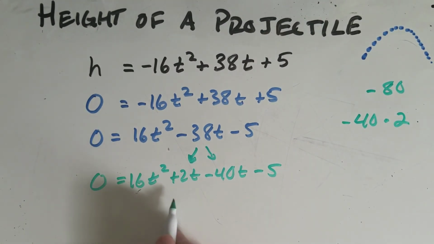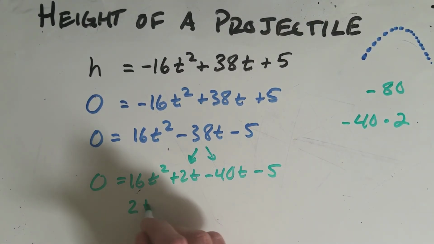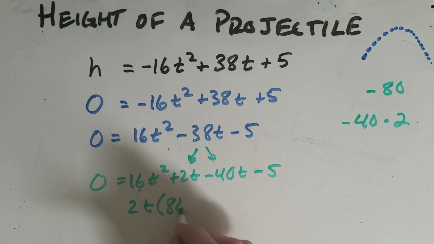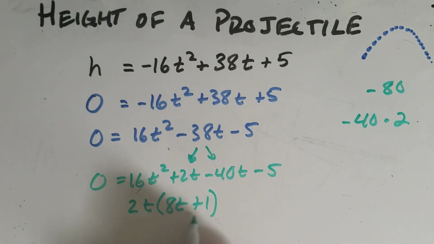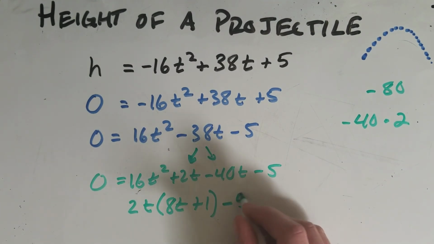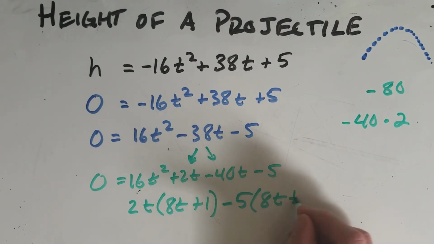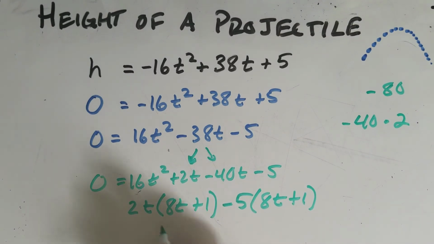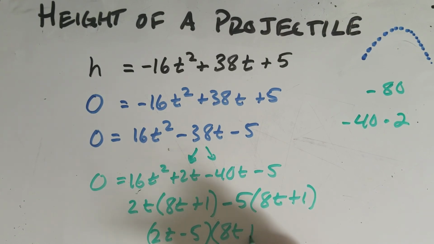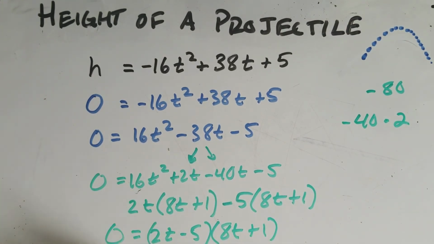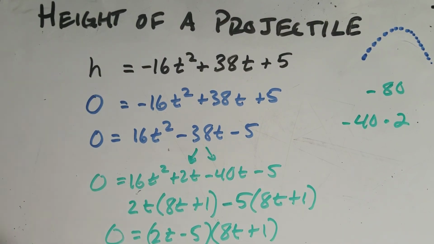So then when you use grouping, you're going to factor out a 2t, and you'll be left with 8t plus 1. Here, in order to get this, you're going to have to factor out a -5, and you'll end up with 8t plus 1, and grouping will get you 2t minus 5 times 8t plus 1 equals 0.